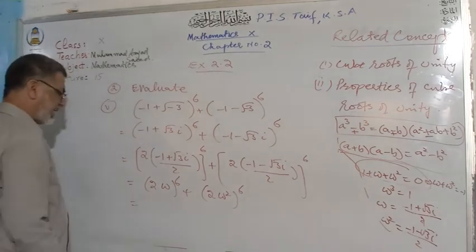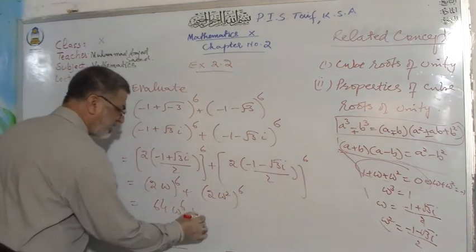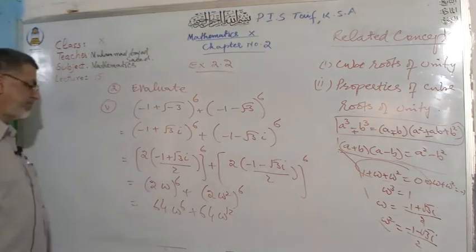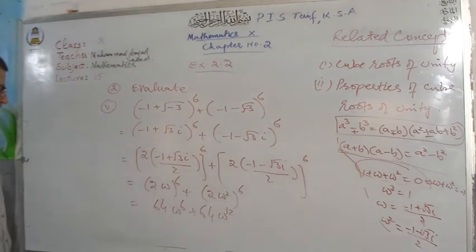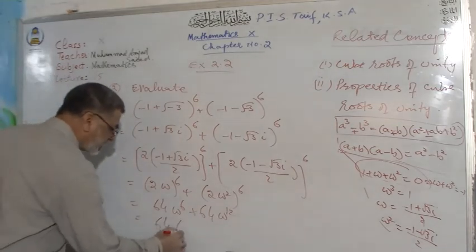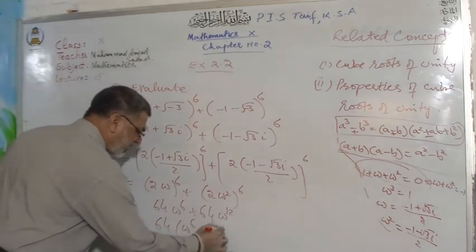2 power 6, 64. Omega 6 plus 64 omega 12. Remember that power over power both are multiplied. You can take 64 common. Omega 6 plus omega 12.